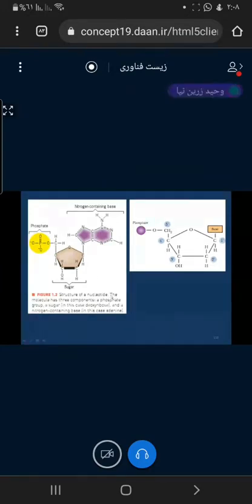In this slide you can see the structure of the nucleotide and the mechanism of binding of the different sections or units together.